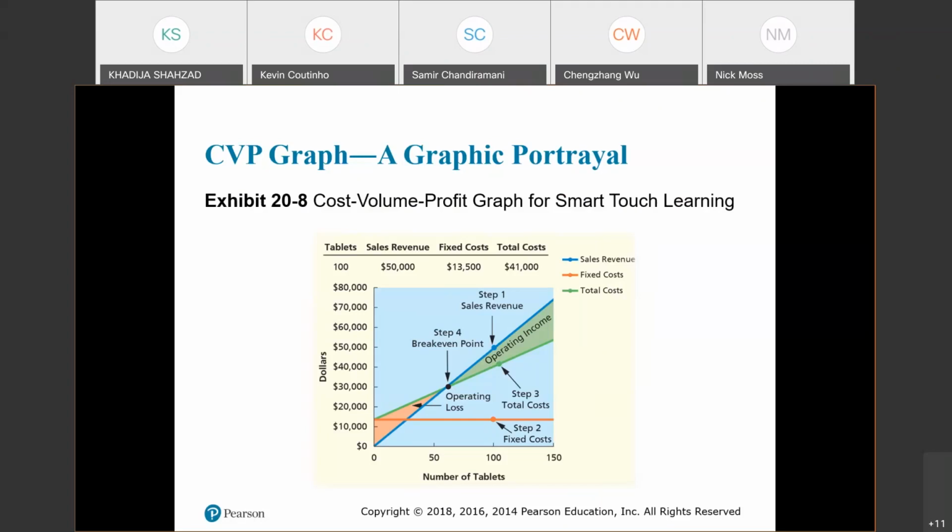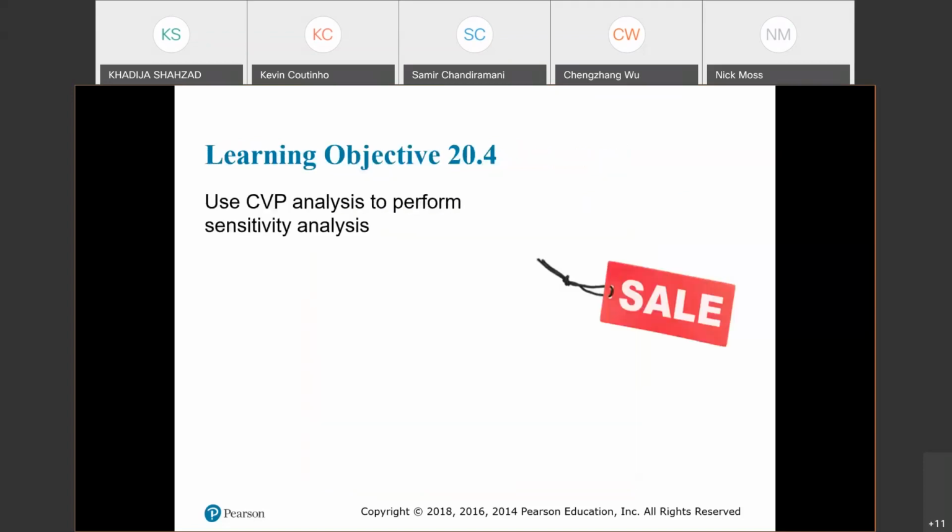And if the sales revenue is beyond this point, it results in an operating income. Well, next, let's see how CVP analysis can be used to perform sensitivity analysis.